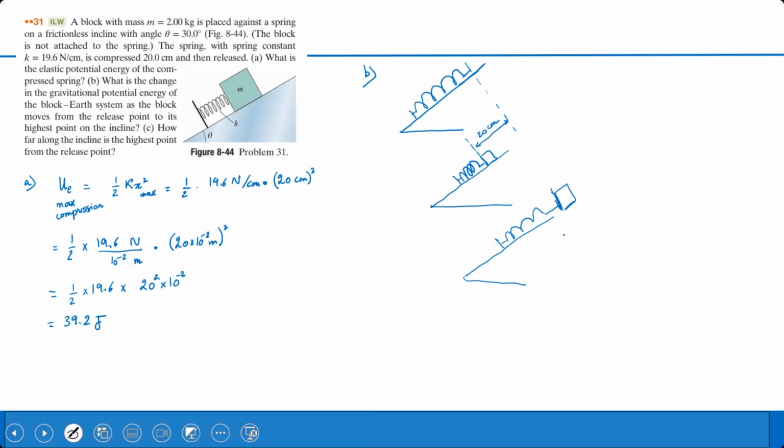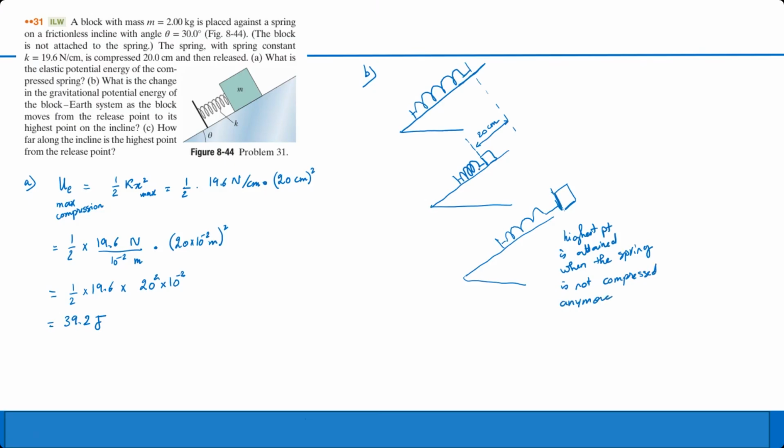Highest point is attained when the spring is not compressed anymore. So it was at some maximum compression. It started pushing to get back to its original or natural length, to its equilibrium length.